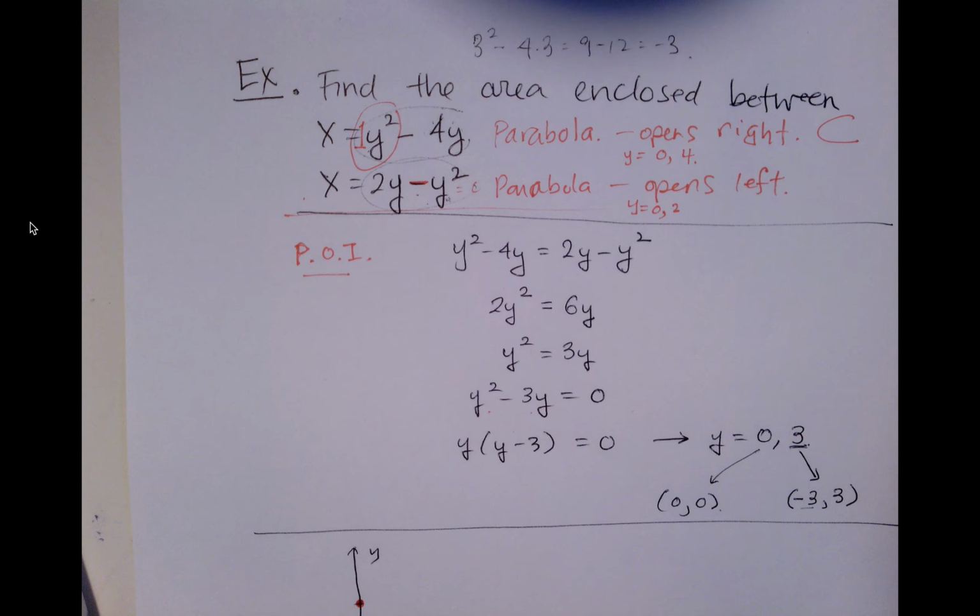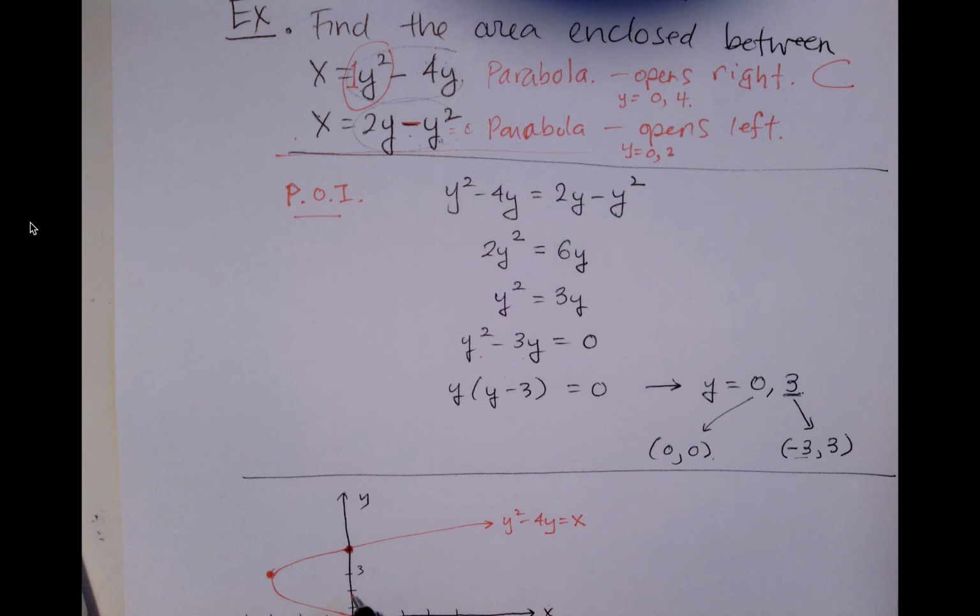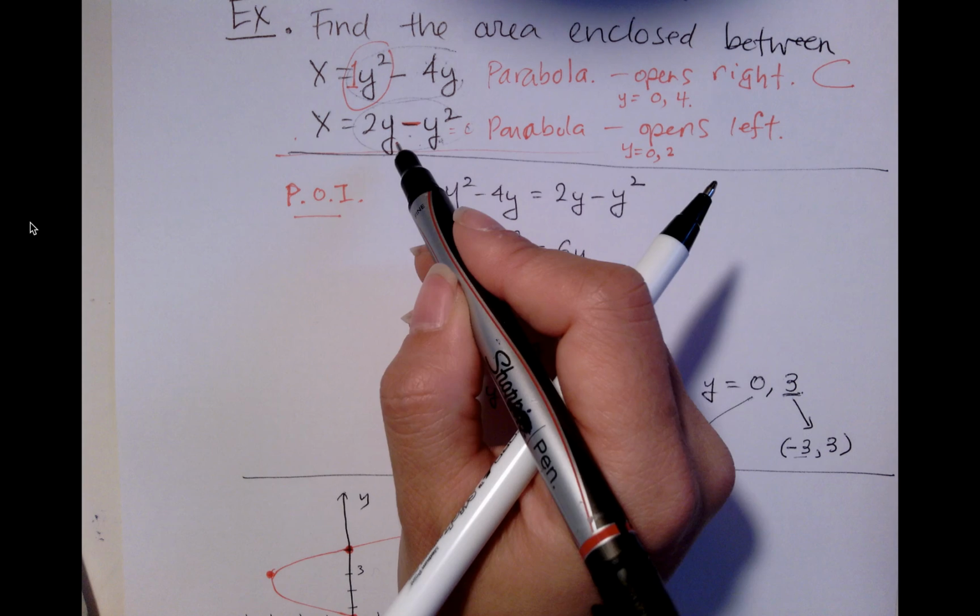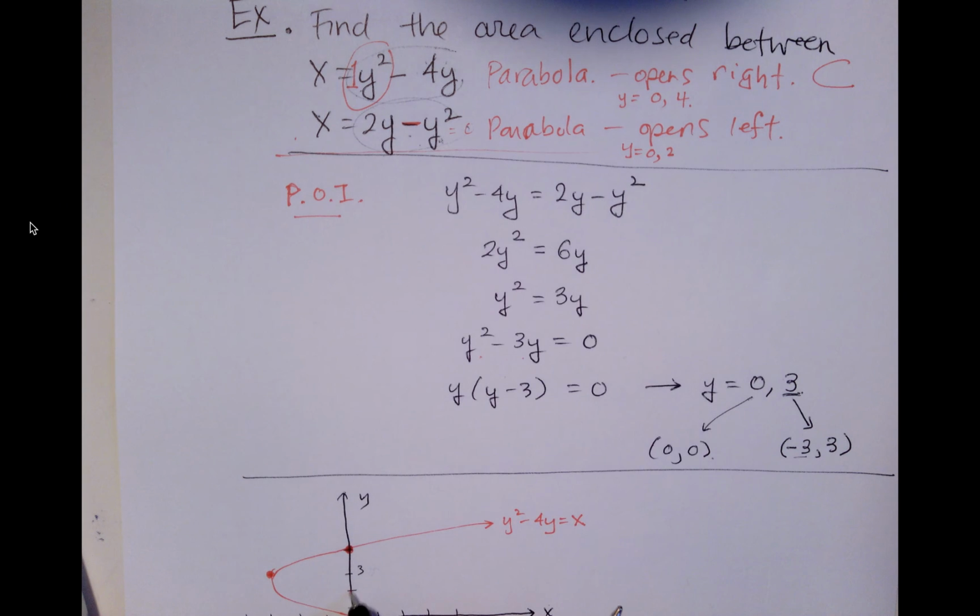let me see, he's going to look something like this. This would be y squared minus 4y is equal to x. The other parabola opens left, and it goes through 0 and 2.